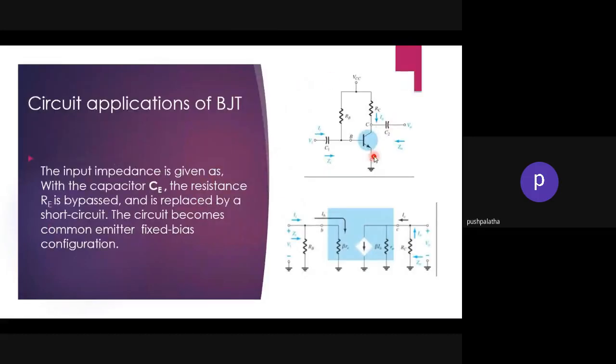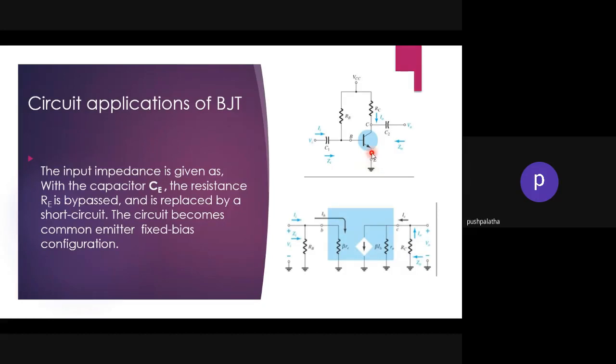Now here, the input impedance is given with the capacitor CE. The resistance RE is bypassed, as I told you, and is replaced by a short circuit. Now the circuit becomes a common emitter fixed bias. So when I consider CE, it bypasses the AC signal and becomes a short circuit, so RE is bypassed.